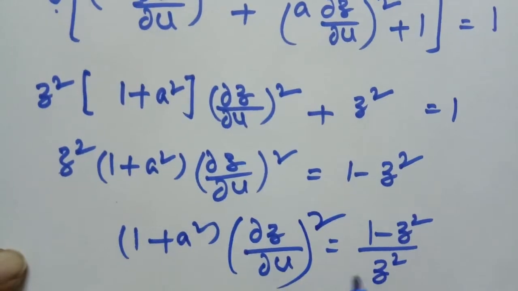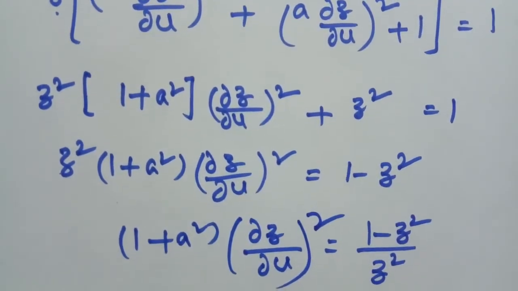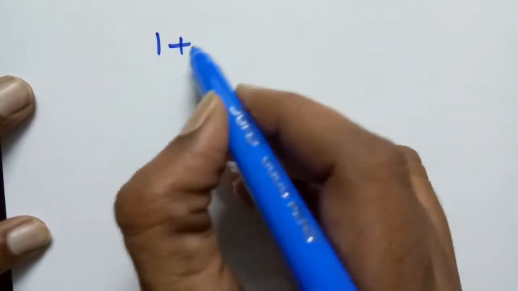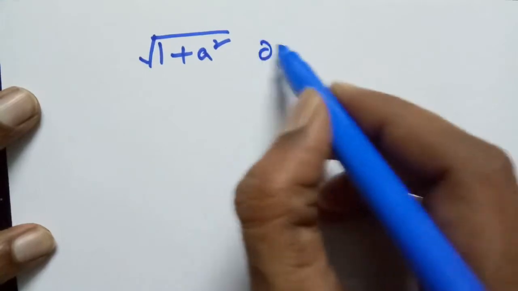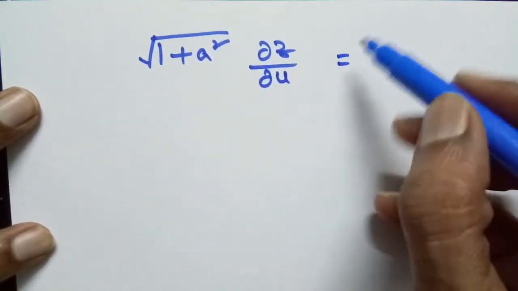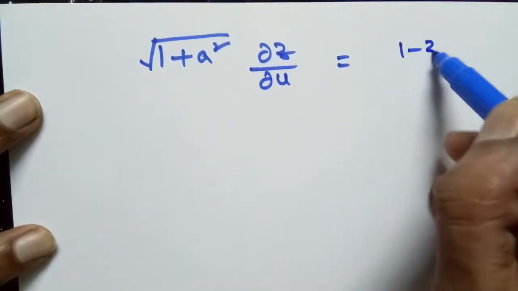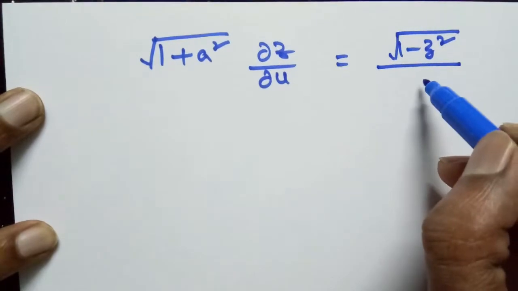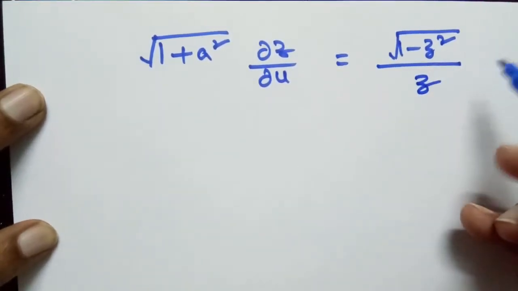Now taking square root on both sides, this is square root of 1 plus a square into dou z by dou u, and the square root gets cancelled. Square root of 1 minus z square by square root of z square becomes z.